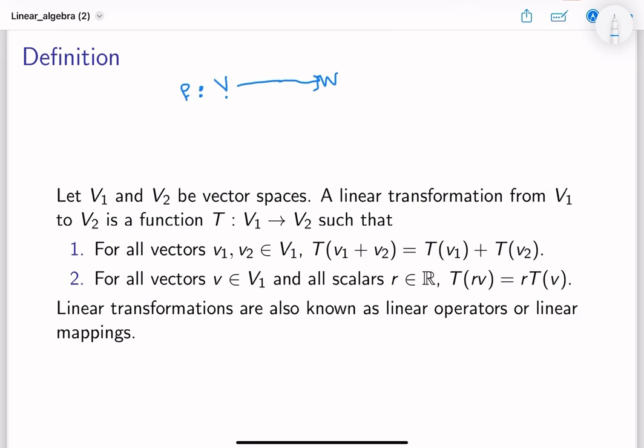If V and W were just sets, we would take f to be just any function that would go from this as a domain to this as a codomain, right?